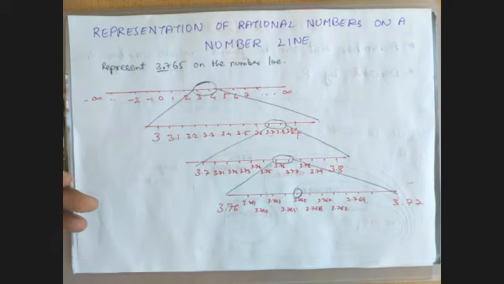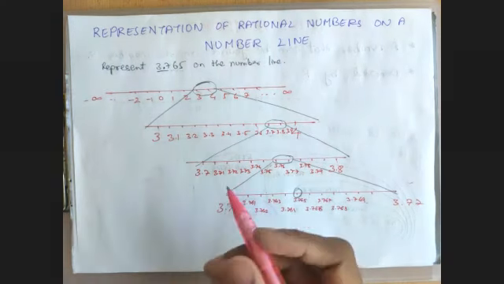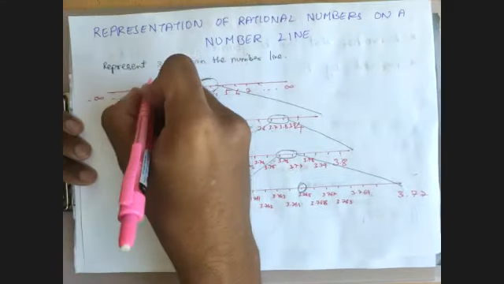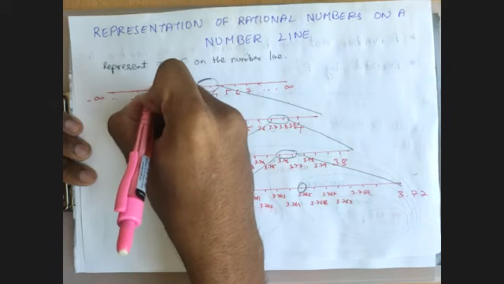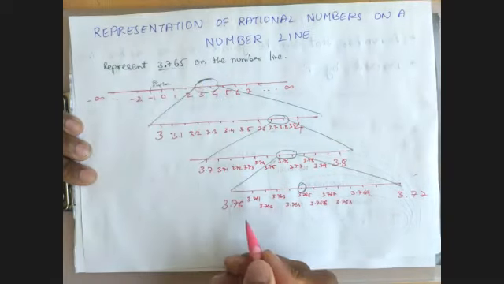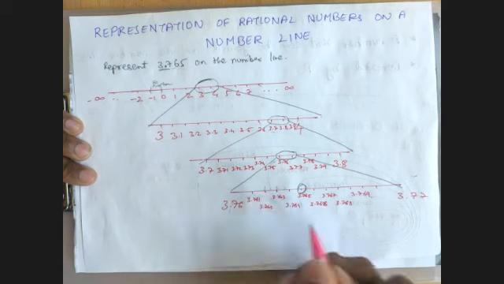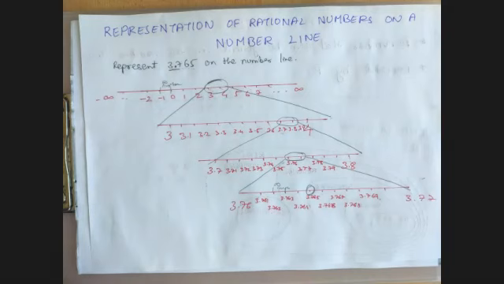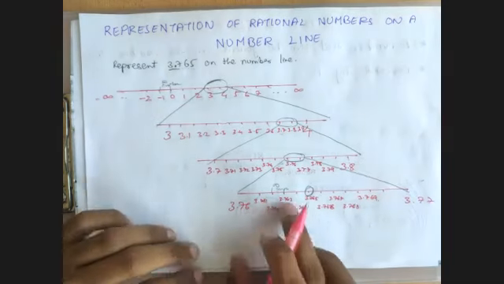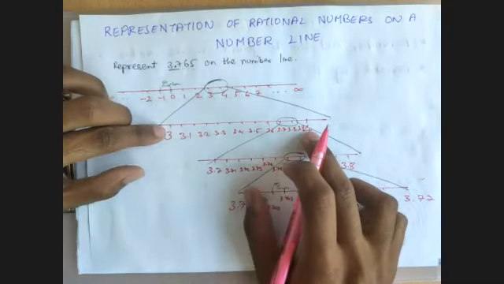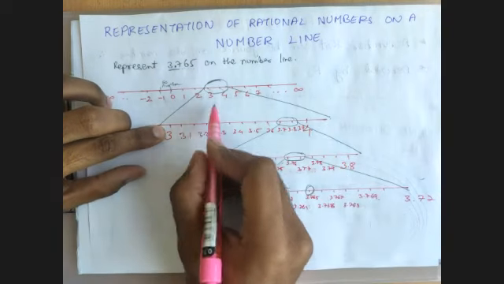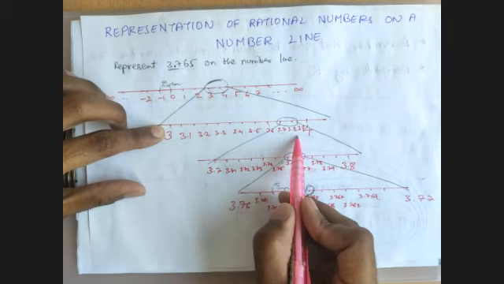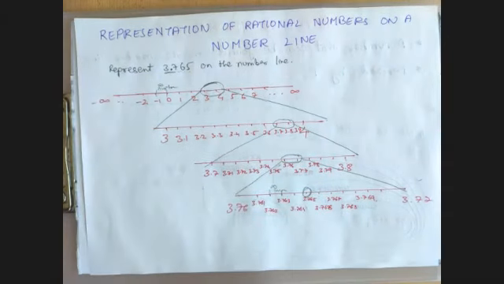So in between any 2 points on a number line, I have infinite numbers. That means I can't count how many numbers are in between. We have to be clear on that. It is not that only 10 numbers are there in between. There are infinite numbers in between them. For our convenience, we are writing 10 numbers, but there are infinite numbers in between them.